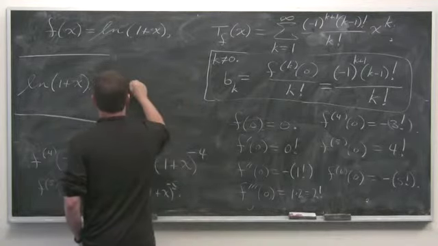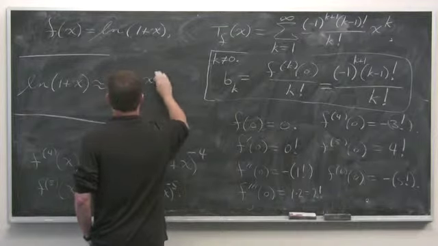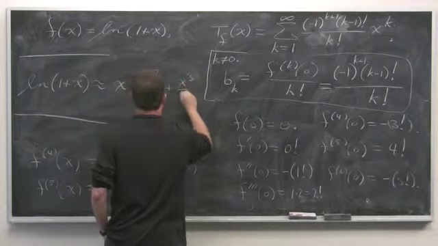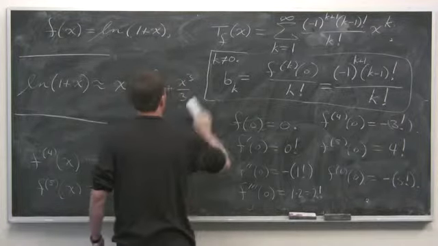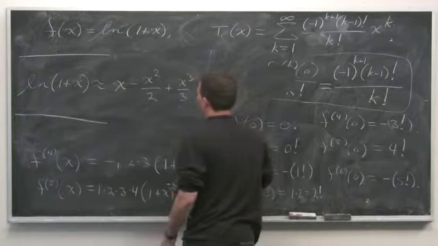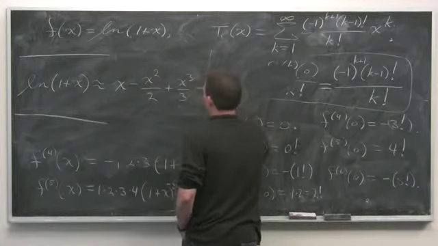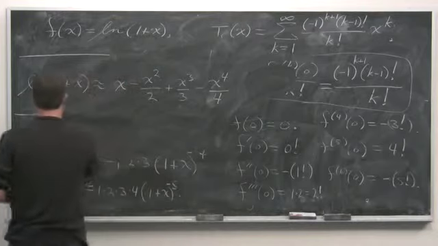It starts out as x minus x squared over 2 plus x cubed over 3 minus x to the 4th over 4. Stop there. Say it's approximately this 4th degree polynomial if x is close to 0.